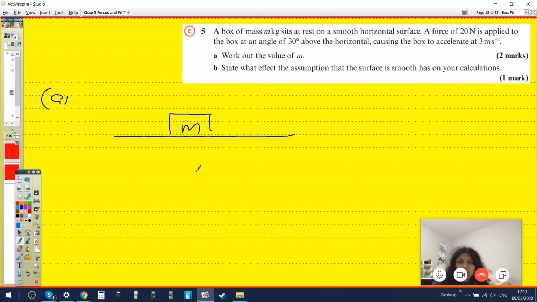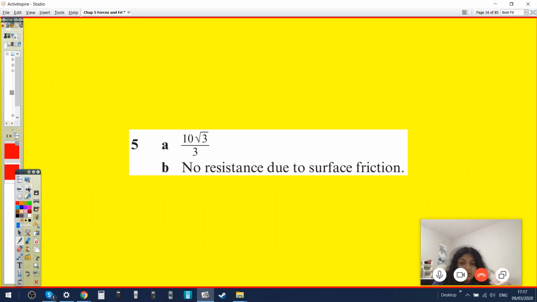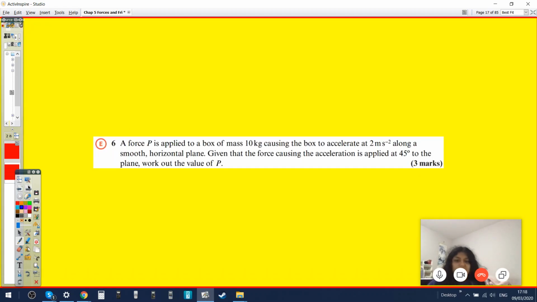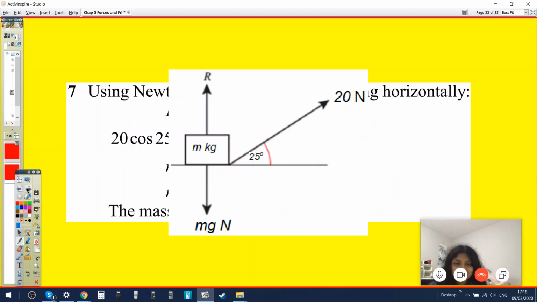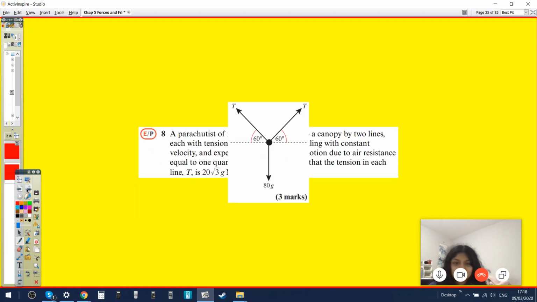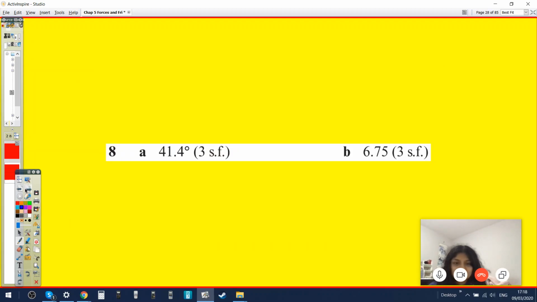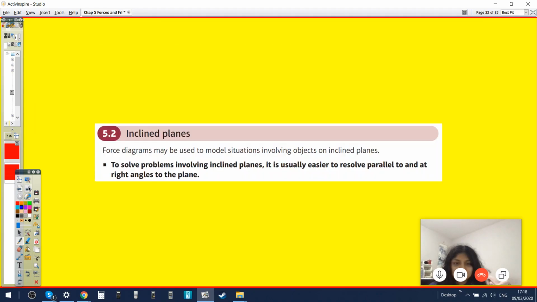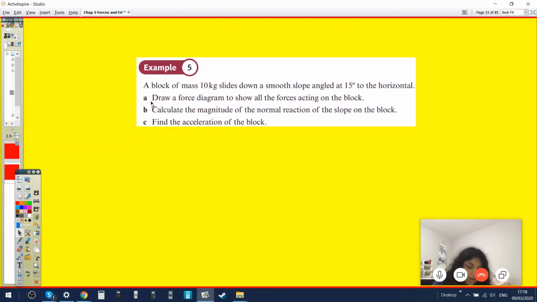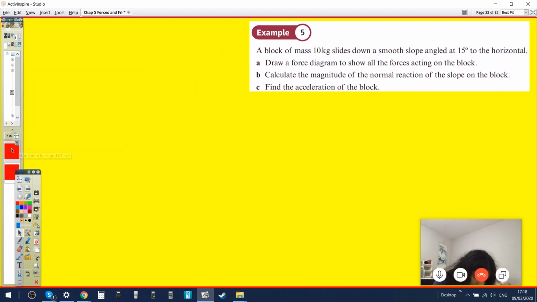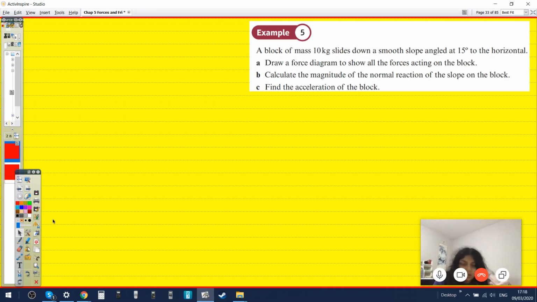You're okay with horizontal stuff? Yeah. Okay. So it's the inclined ones. I'm always drawing the forces in the wrong place or the wrong angle or something. Okay, so these are starting with that. Okay, inclined plane. Yeah, I thought this is the one for you.